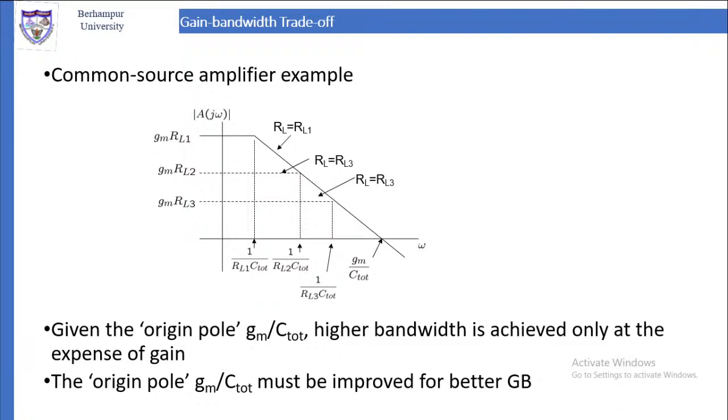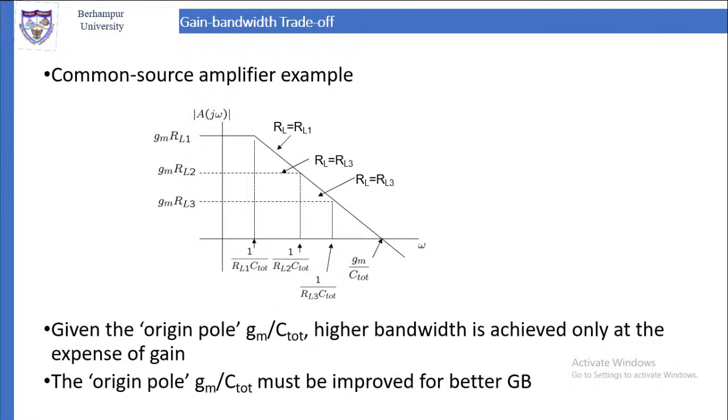If A is equal to half of its maximum value, that frequency point is called the 3 dB point or half power point. It is called the 3 dB point or half power point or 0.707. So these three mean the same thing.